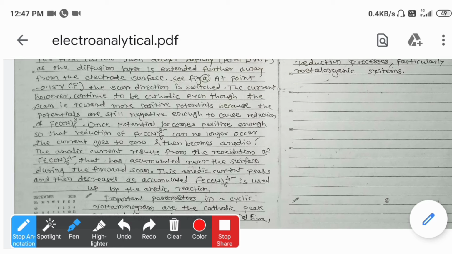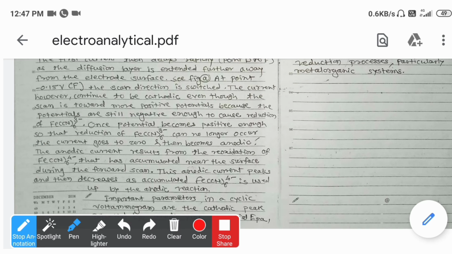So the expectation is that the current should be anodic, but the current however continues to be in the cathodic direction, even though the scan has been made towards more positive potential, because the potential is still negative enough to cause the reduction of the remaining Fe3+ ions.